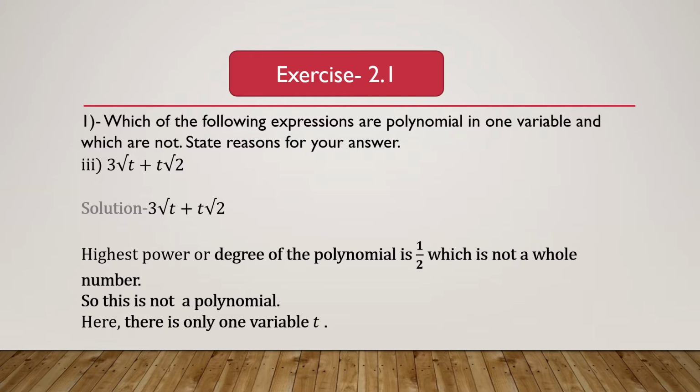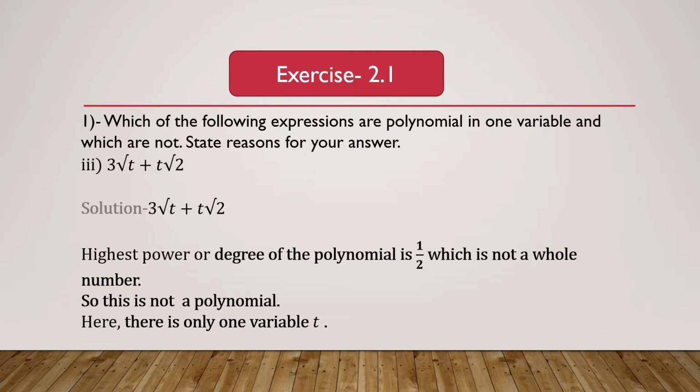Root t can be written as t raised to the power 1 by 2, 1 divided by 2, plus t root 2. Here the highest power, the degree of this polynomial, is in 3 root t, t to the power half. So the degree of this polynomial is half, that is 1 divided by 2, and 1 divided by 2, that is half, is not a whole number. This is a rational number.